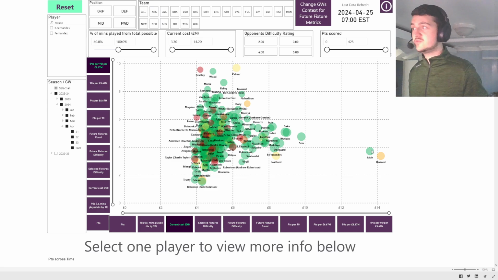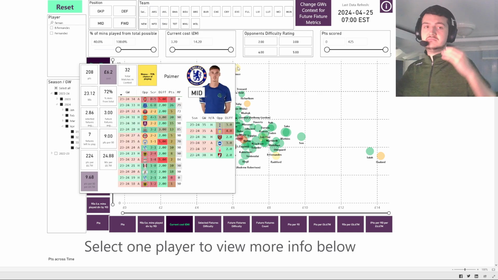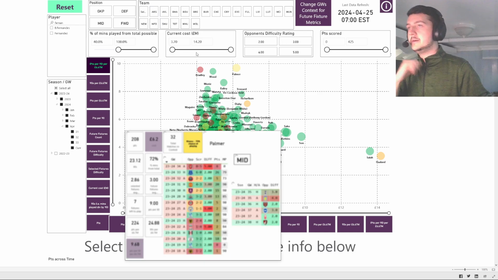When they cost 14 million, they get their points halved because 14 million is more than double 6.67. While players like Palmer, who are right around the 6.67 million price point, don't see that decrease. So they stay where they are while the others get deflated. The same thing happens with Son and Saka and Watkins and so on.